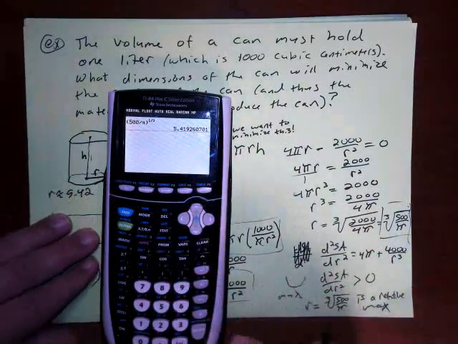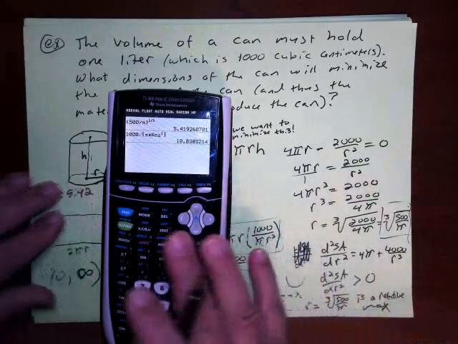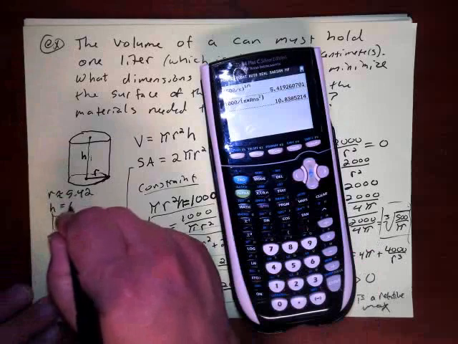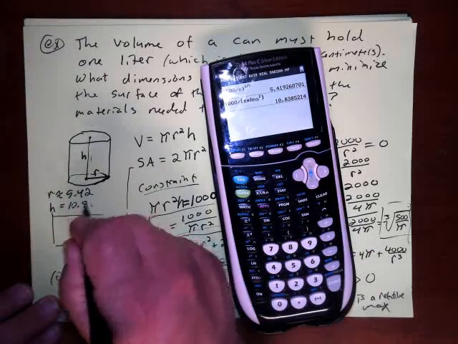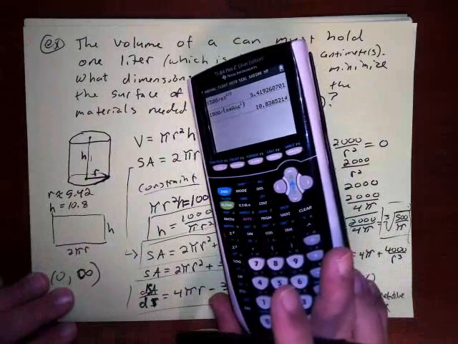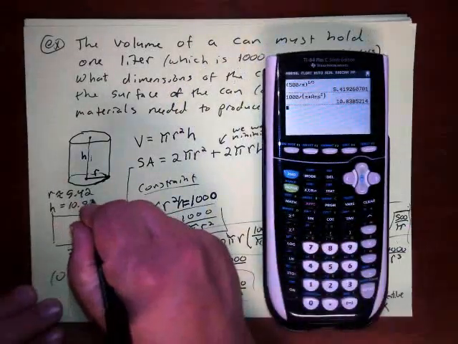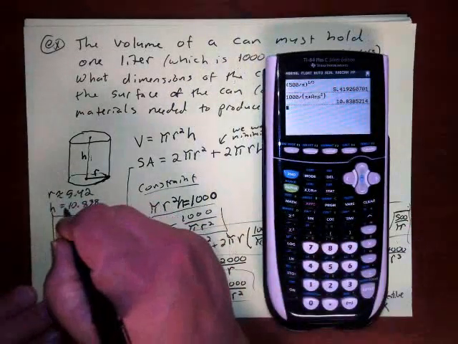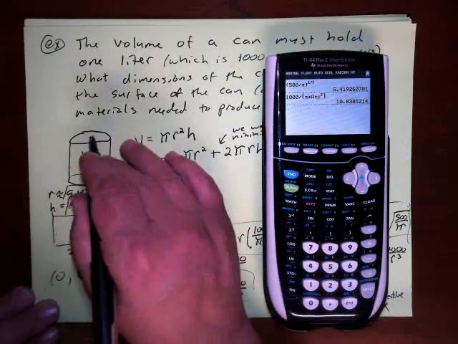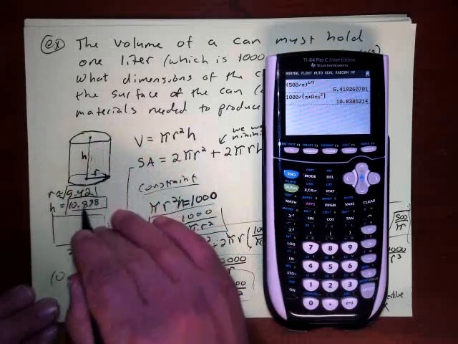So it would look like that. And so my height would be like 10.838 or whatever. So this would be the radius here. This would be the height.